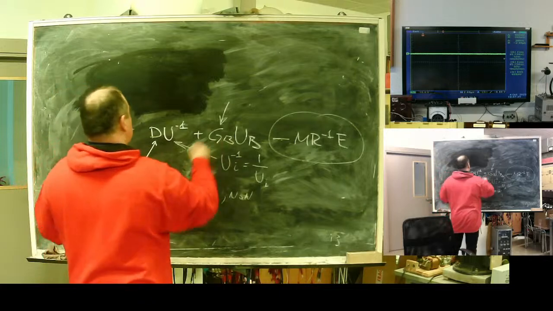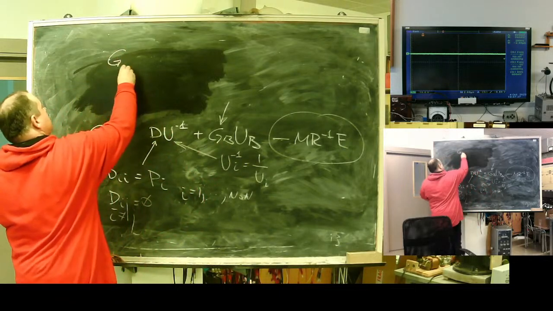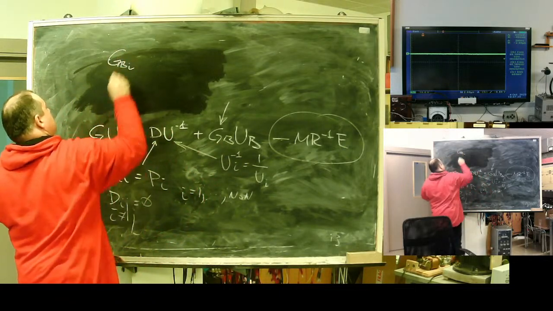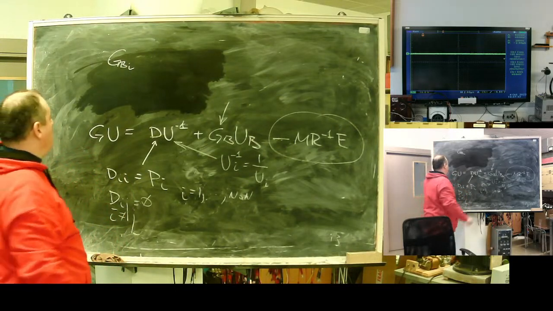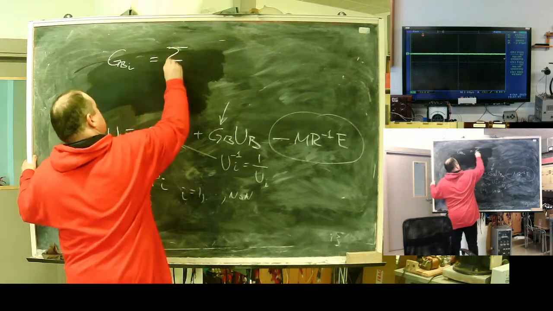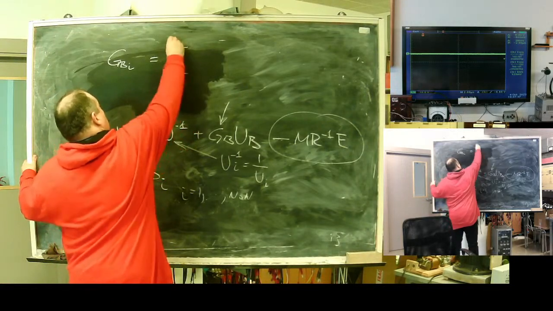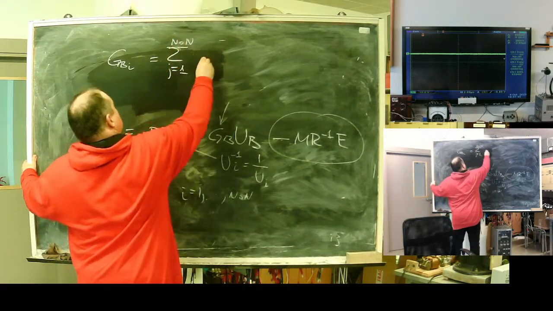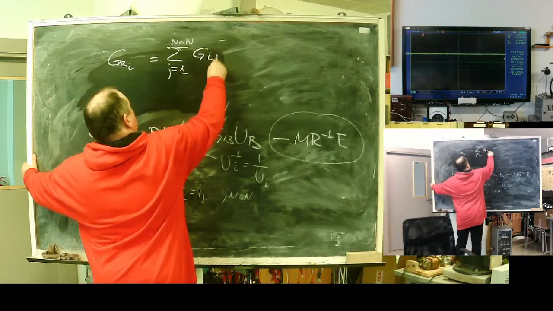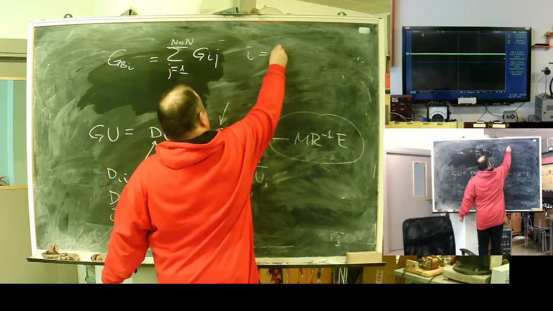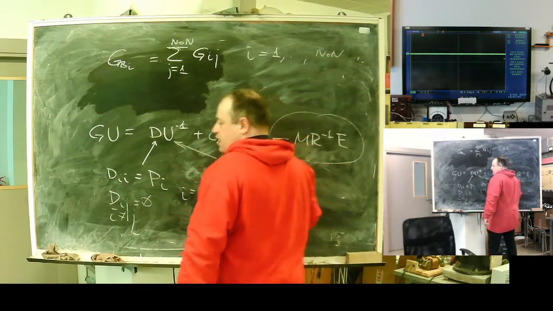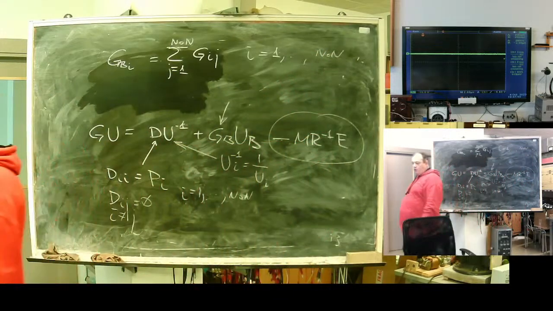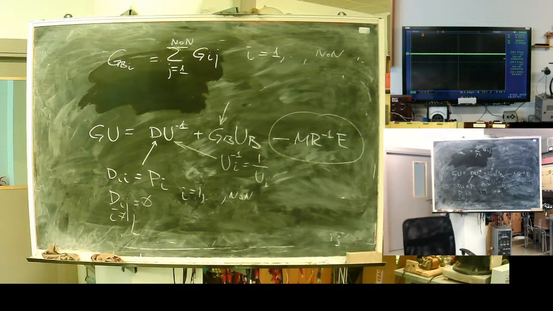No problem to get it. The base node conductivity number I is a sum from 1 to the number of nodes of G_i. It's a sum of nodal conductance matrix row elements.